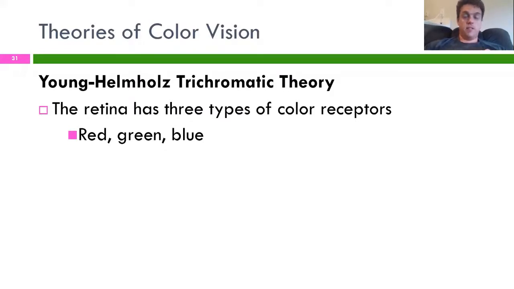There's lots of evidence that this is the case, that perceiving something like yellow, there aren't actually any yellow receptors, right? There also aren't any purple receptors. What you perceive as purple is really just a mix of red and blue receptors getting activated, right? When you perceive yellow, it's just both red and green receptors being activated. There's no actual yellow receptor. And like I said, there's a lot of evidence for this. We won't really go into that.